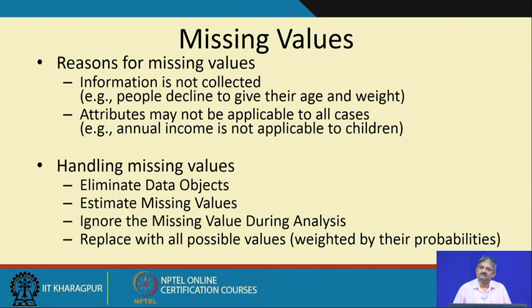Similarly, annual income for a child below 18 years old is not applicable. So, we have several ways by which we can handle these missing values. We can either eliminate them, the straightforward way is to ignore them. We can estimate them and replace them with the estimated values weighted by some appropriate probability factors.